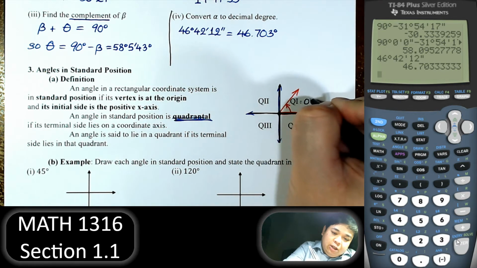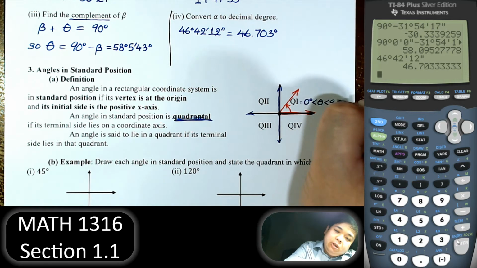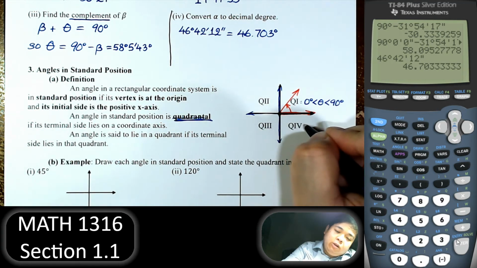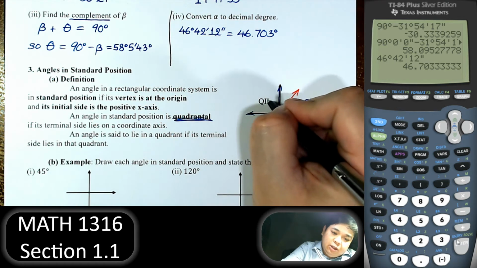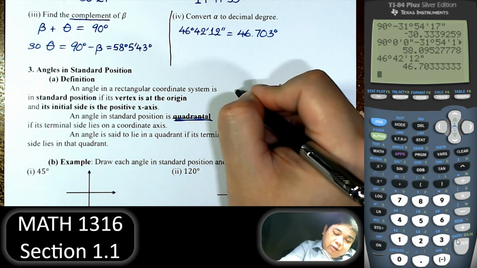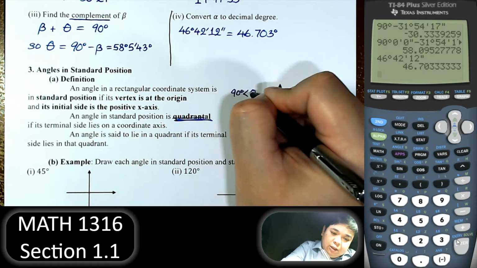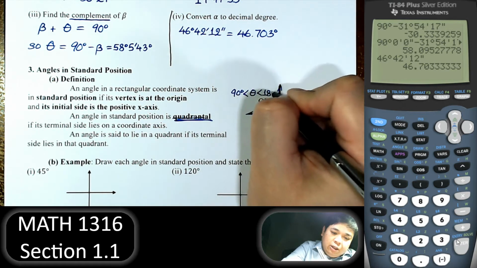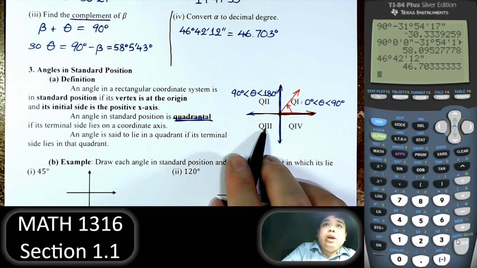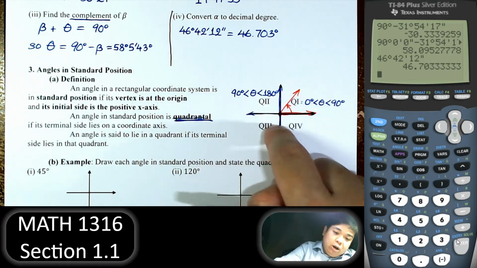So quadrant 1 is from 0 degrees to 90 degrees. Quadrant 2 is from 90 degrees to 180 degrees. Quadrant 3, of course, it can rotate more than this.